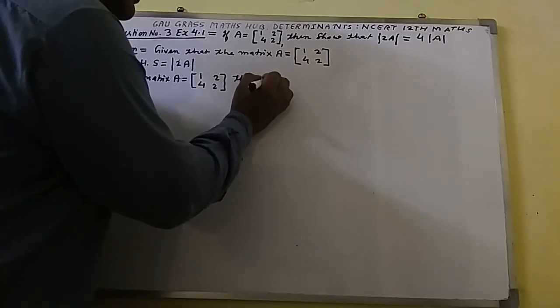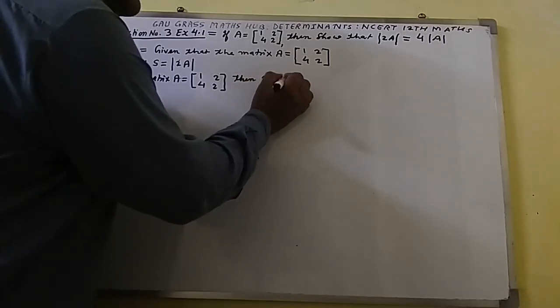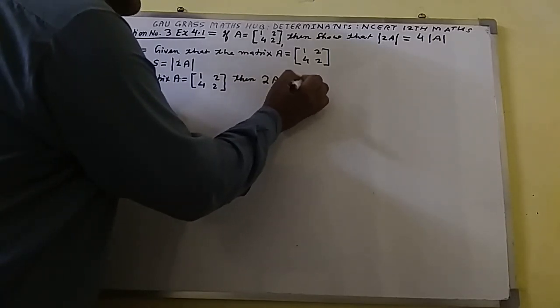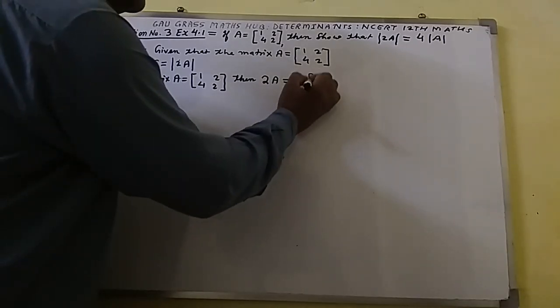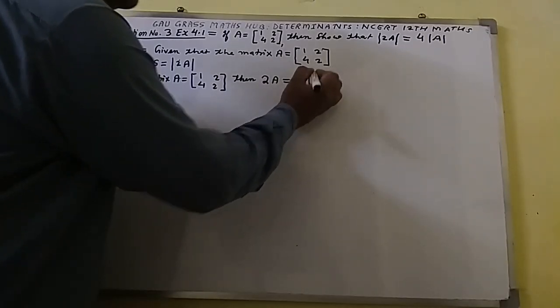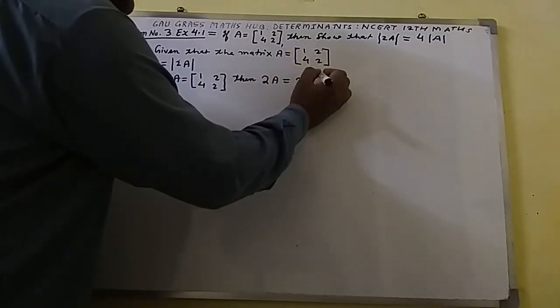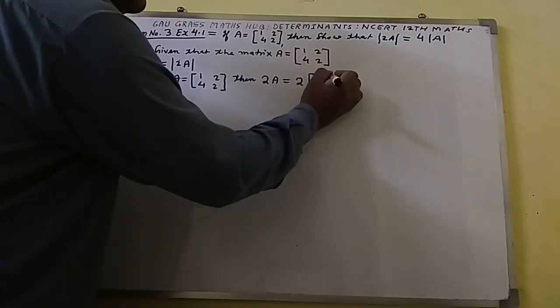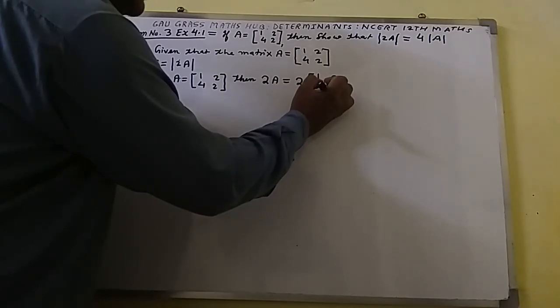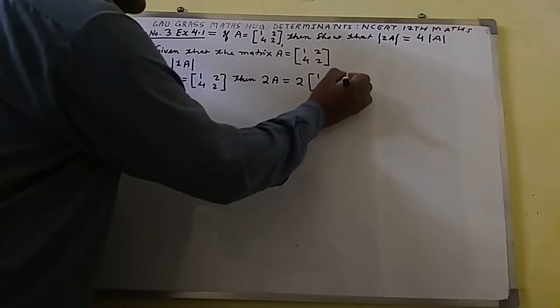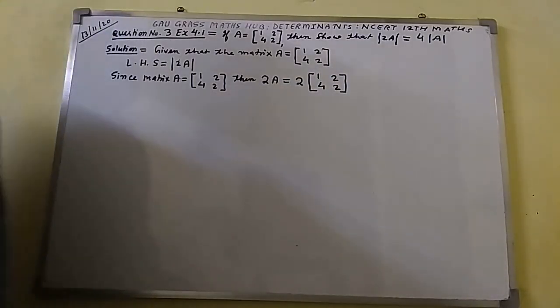So 2A equals 2 multiplied by matrix A, with first row 1, 2 and second row 4, 2.